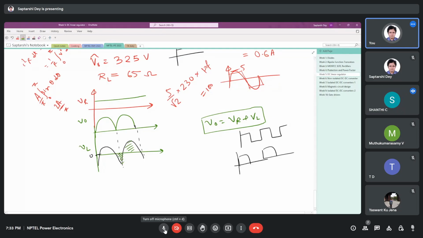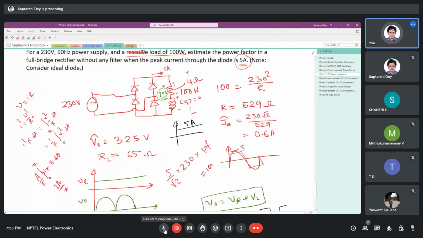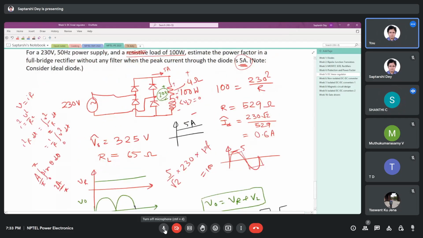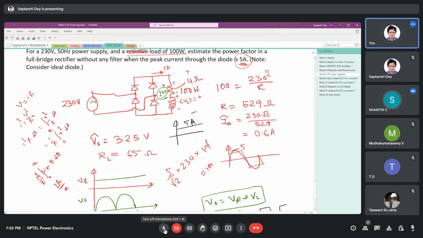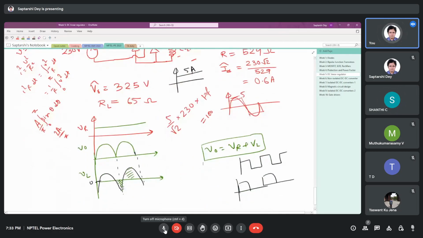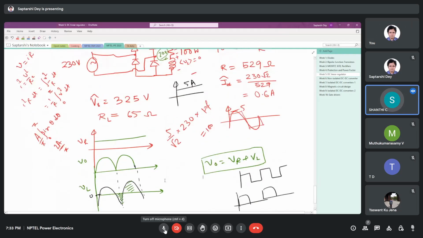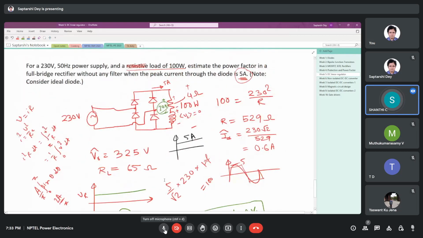Yes, sir. R is 4 ohm, so the voltage will be 20 volt across it, and the rest will be dropped across the inductor. And over a complete cycle, the average inductor voltage is 0, no? The average cannot be 20 volt. Yes, yes.